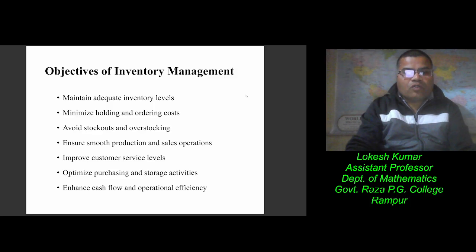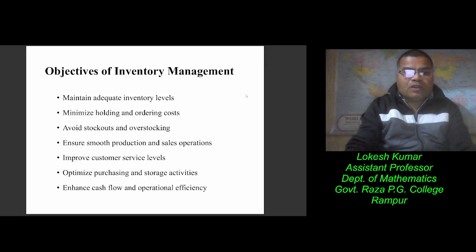So we should avoid overstocking and we should avoid stockouts. Ensure smooth production and sales operations. The main objective of inventory management is to ensure smooth production and sales operations.